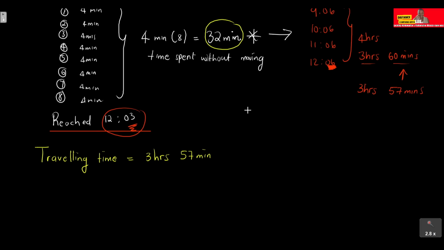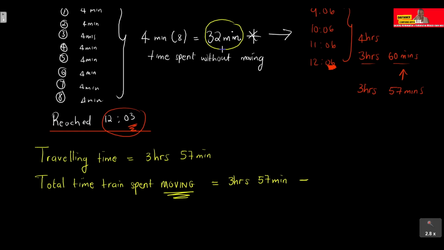So the total time the train spent moving is equal to the traveling time of 3 hours and 57 minutes, minus the stopping time, which is 32 minutes. Here we can just minus this 32 from this 57.